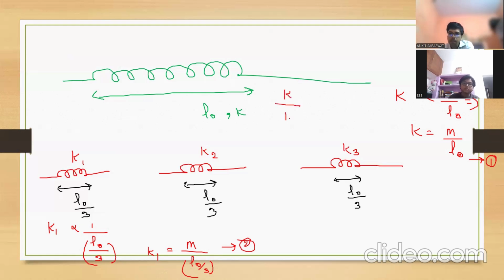K by K1 is m by m, so it is 1 by 3 now. So K1 will be 3K.